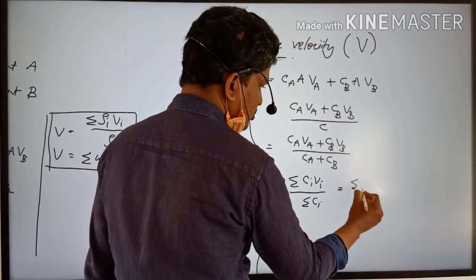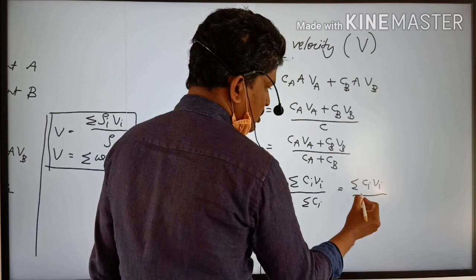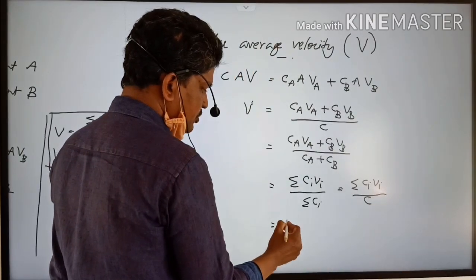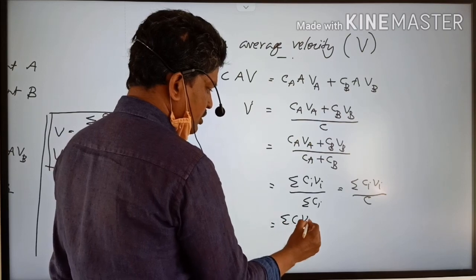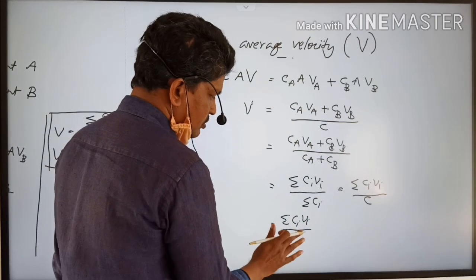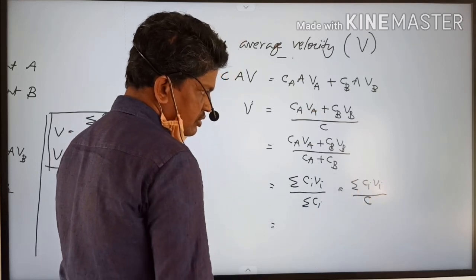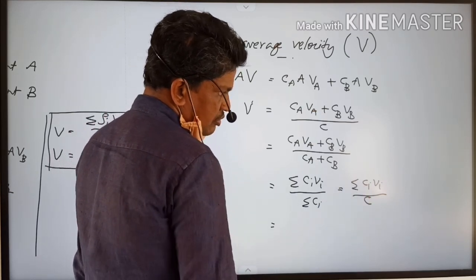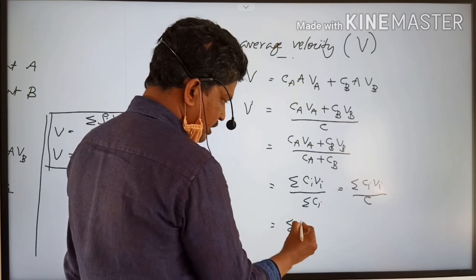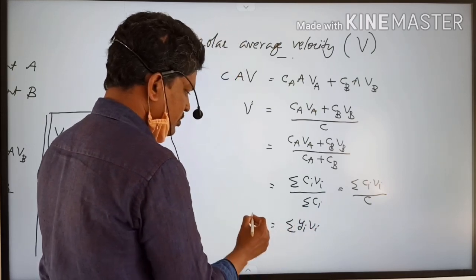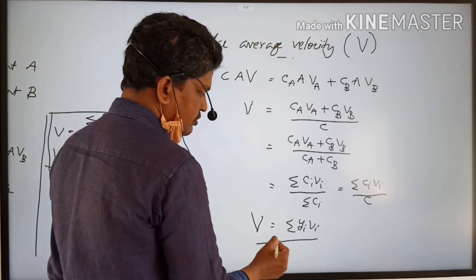Since sigma Ci is C, it is sigma Ci by C times Vi, where Ci by C is the mole fraction yi. So V equals sigma yi Vi is the molar average velocity.